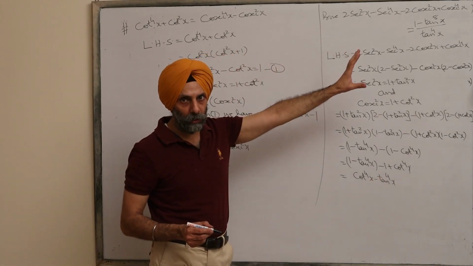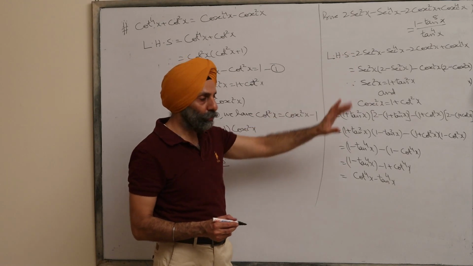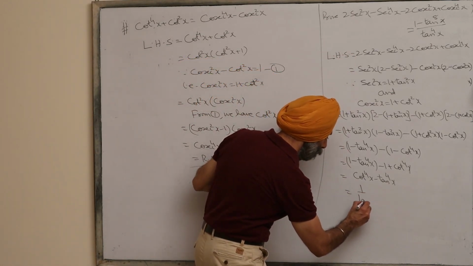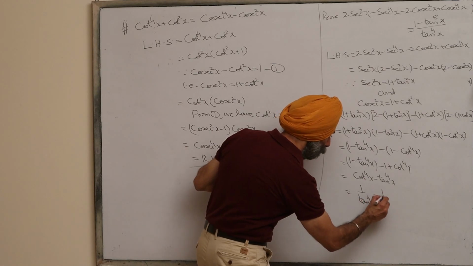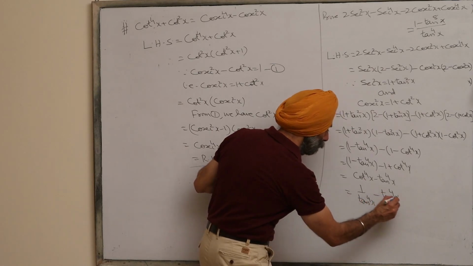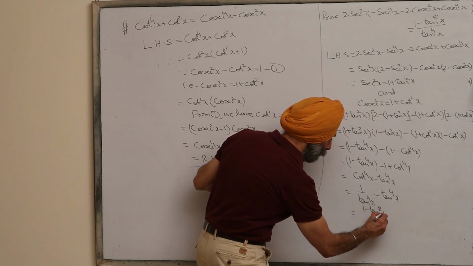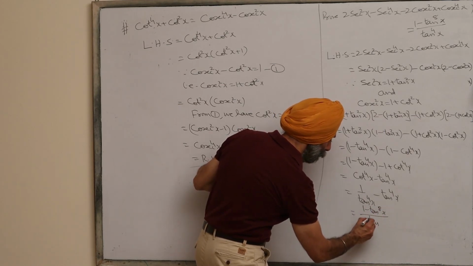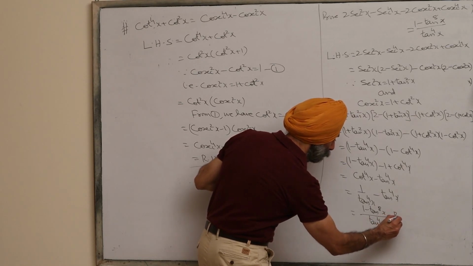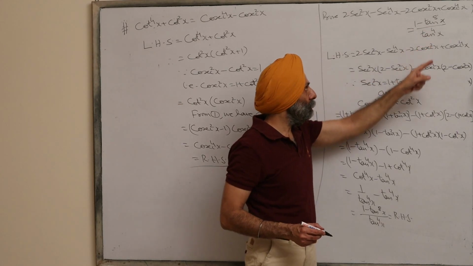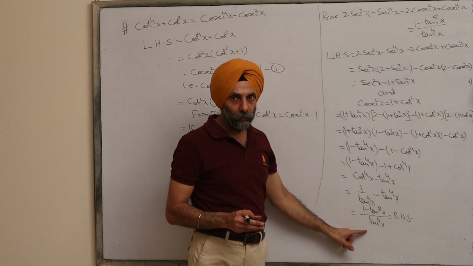Since the final result or the right hand side is in terms of tan, we will change cot to tan. How? It is 1 over tan 4x minus tan 4x. Now if you take the LCM, it comes out to be 1 minus tan 8x upon tan 4x. That is your right hand side here.